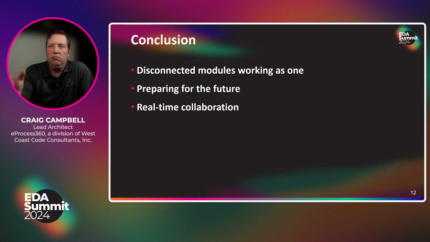And then obviously real-time collaboration is one of the big ones, but that's the beauty of it. It's a piece, it's not the piece. So event-driven architecture really allows us to explore what we could do in a much bigger platform.